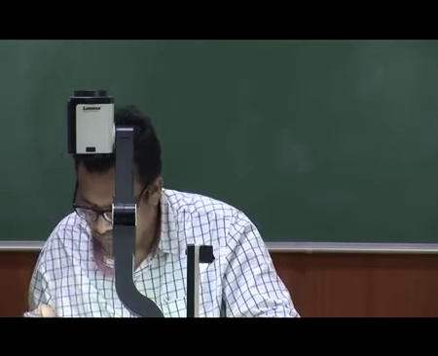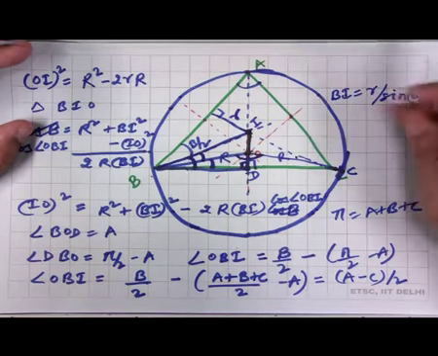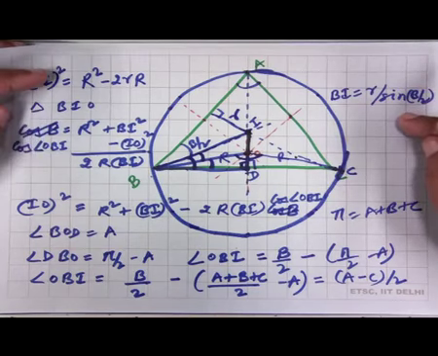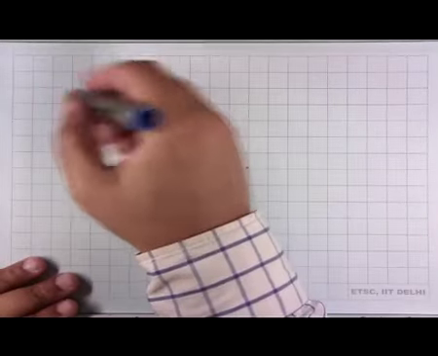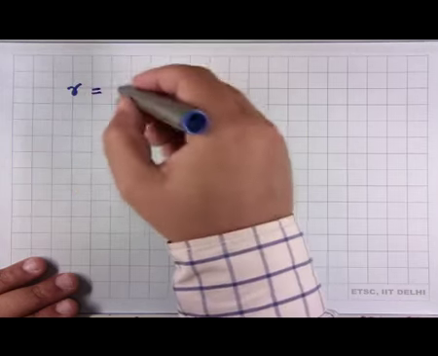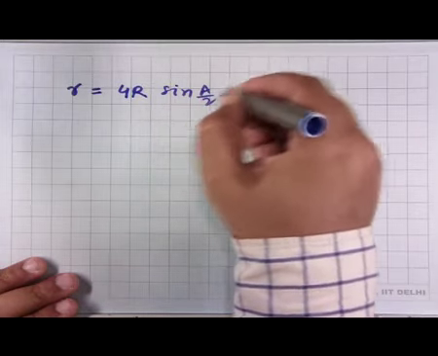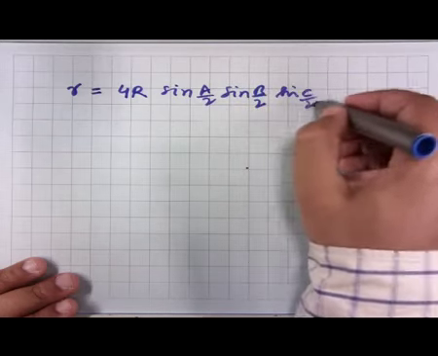But since angle OBI has been expressed in terms of angles A and C, instead of having sine B by 2 here, we would like to have some expression which is in terms of angles A and C. We already know that the inradius small r is equal to 4R into sine of A by 2 into sine of B by 2 into sine of C by 2.